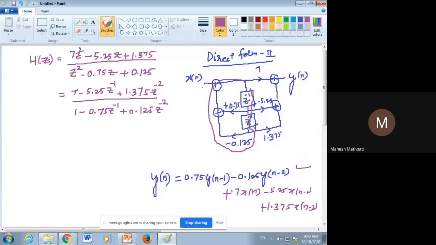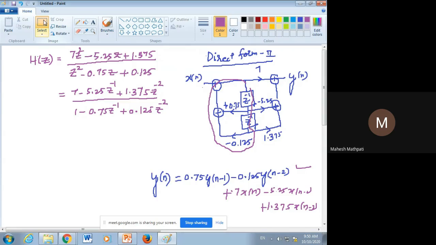Now draw the diagram and put the equation below it. That's it. Okay? Yes, sir. Equation. Okay, this is the way we are writing the equation directly from the block diagram.